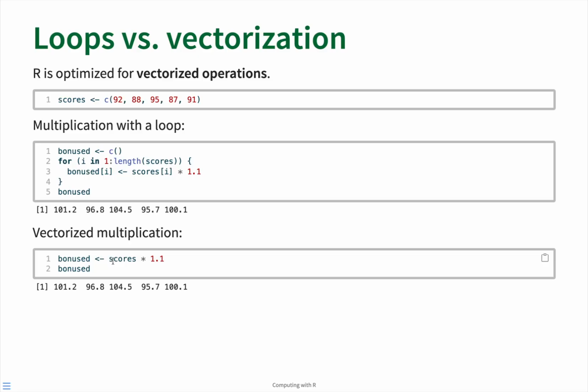But we could do the same thing just by taking the original scores vector and just multiplying it by 1.1. And the multiplication operation here is vectorized. So R will conduct this very efficiently in this format and multiply all the numbers in this vector at the same time by 1.1 rather than having to do each of the 5 numbers one by one.